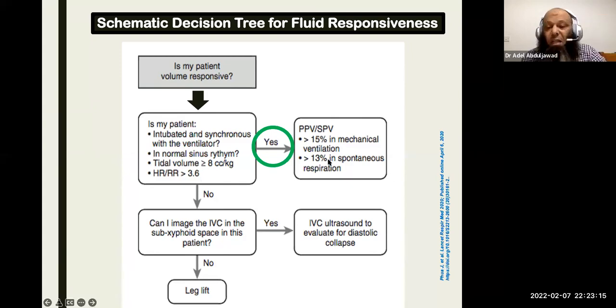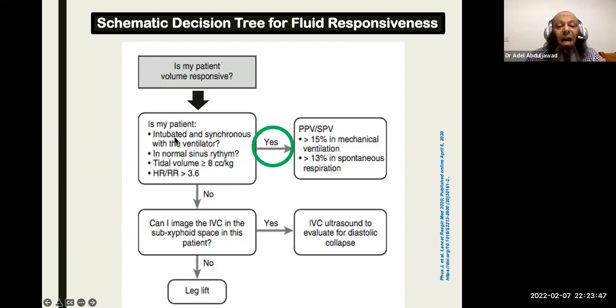In a spontaneously breathing patient, it has its own limitations, but the cutoff value is lower, more than 13%. So 13% in spontaneously breathing patients, and more than 15% in mechanically ventilated patients. This is for both PPV and SPV, pulse pressure variation and systolic pressure variation. More than this, the patient is a fluid responder. Less than this, the patient is a non-responder.